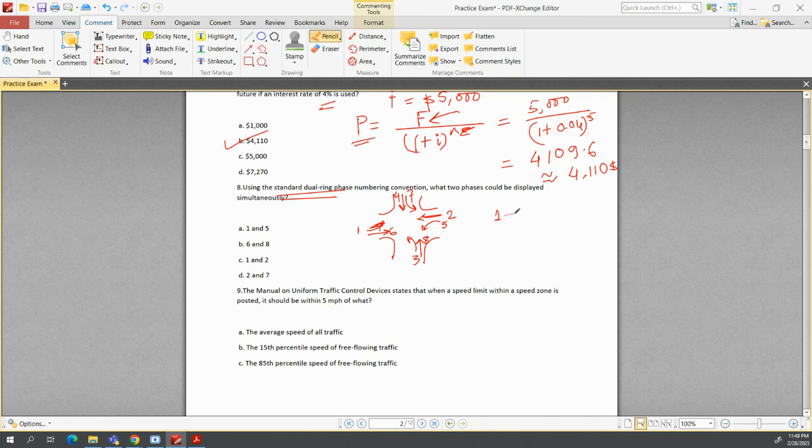So 1, 2, okay. There will be a barrier here. 3, then 4, a barrier here. 5, 6, 7, 8.